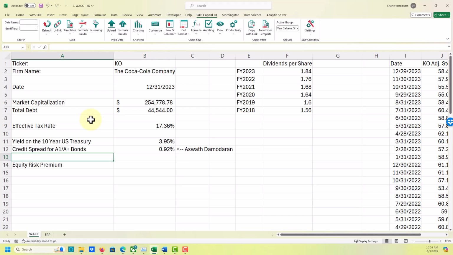So it's a very good estimate for the cost of debt for Coca-Cola here. So the cost of debt for Coca-Cola, we're going to add those two together, so it's the risk-free rate plus the credit spread, the additional return that investors are going to require to buy Coca-Cola's 10-year bonds.